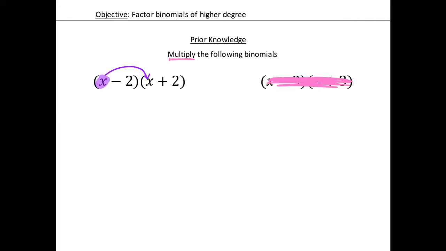X times x and x times a positive 2. And then you take the second term and do it again. Take the negative 2 and distribute. This is prior knowledge, so go ahead and just try this on the whiteboard. You're going to distribute and then combine your terms and see what you get at the end.